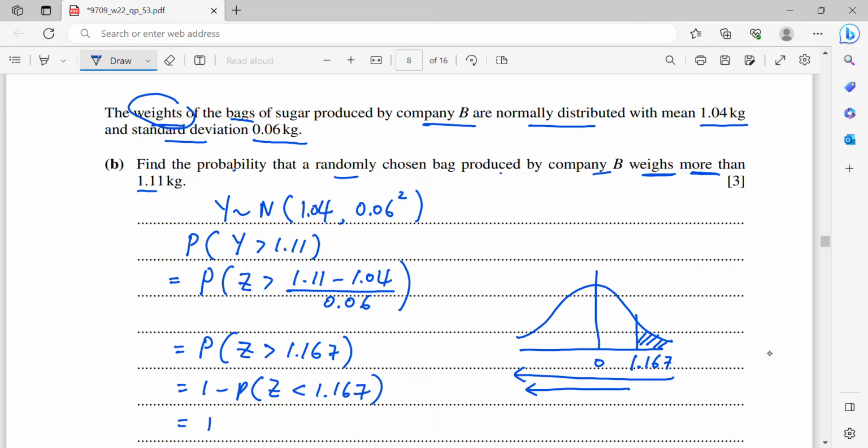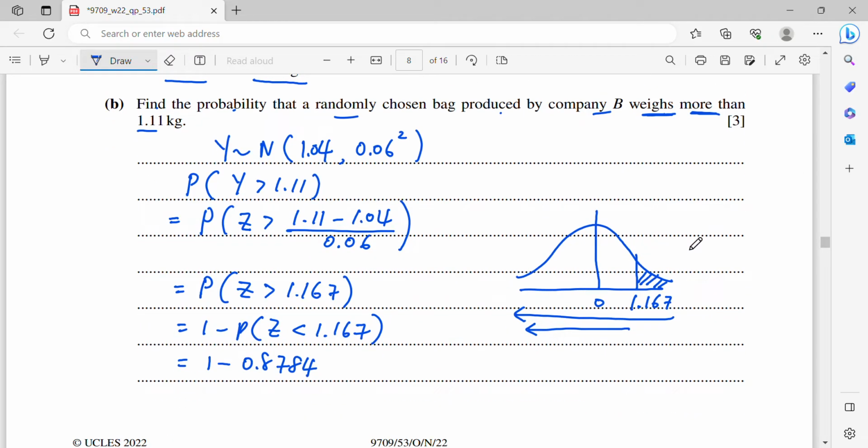Now from the table, the probability is going to be 0.8784. So when you simplify, this will be 0.1216, and when you round up to 3 significant figures, it's going to be 0.122. Okay, so we have solved B.